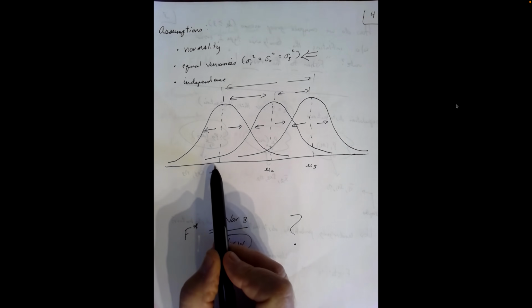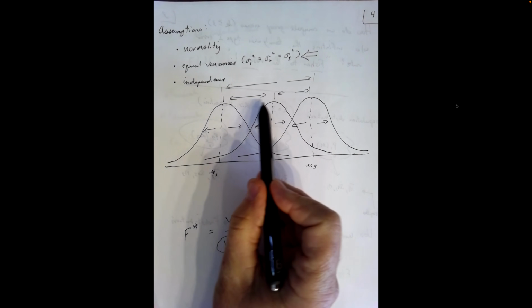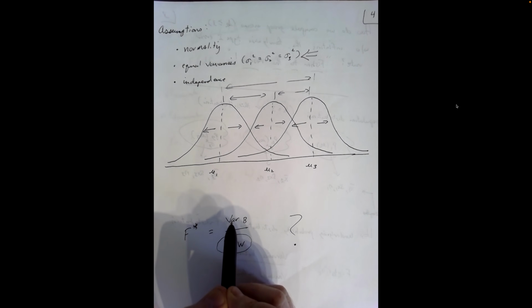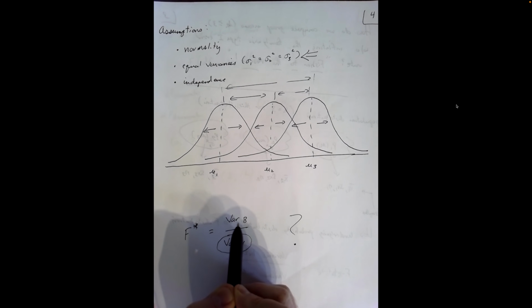But what happens as these distributions start to move away from each other? As they start to move away from each other, the variance between the distributions starts to increase, right? Causing this value to get larger. Again, we've controlled for this. This is kind of held constant because of the equal variance assumption. So the variance between starts to get larger.